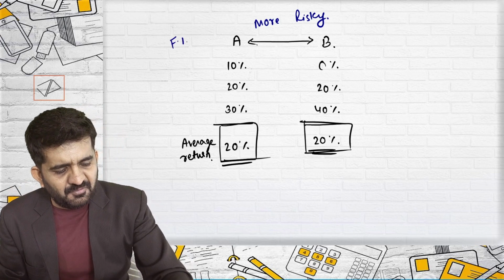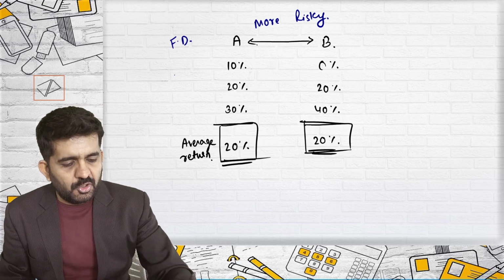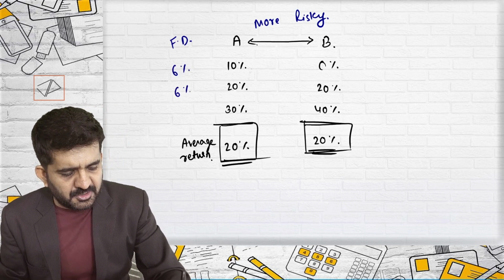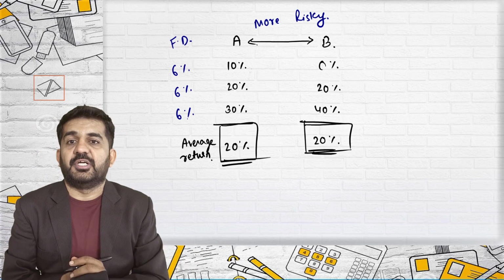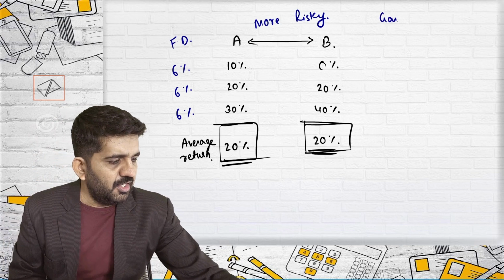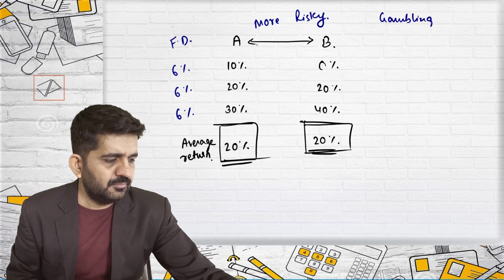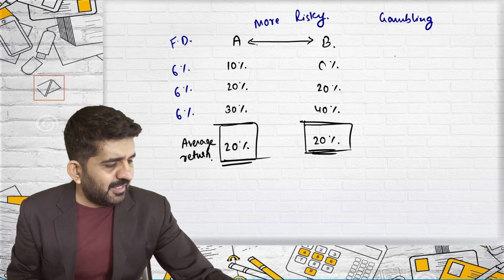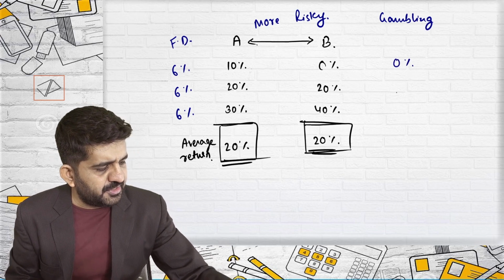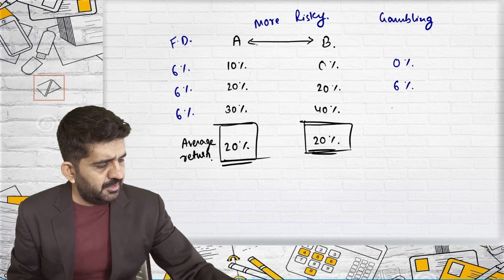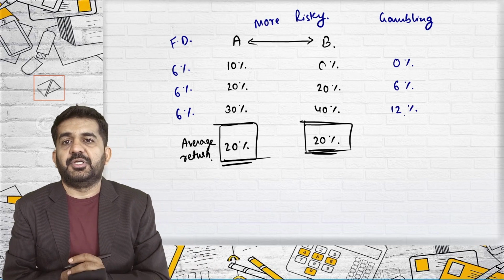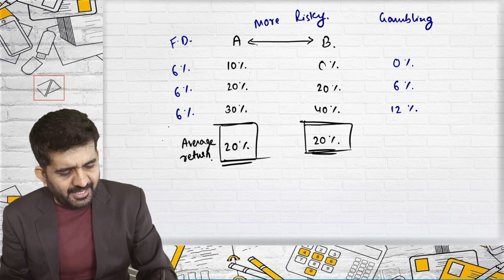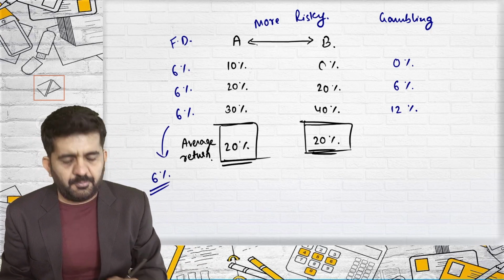If you invest in fixed deposit, your expected rate of return is 6%, 6% or 6%. If you are gambling, your expected rate of return is 0%, 6% or 12%. What will be average rate of return in fixed deposit? 6%.